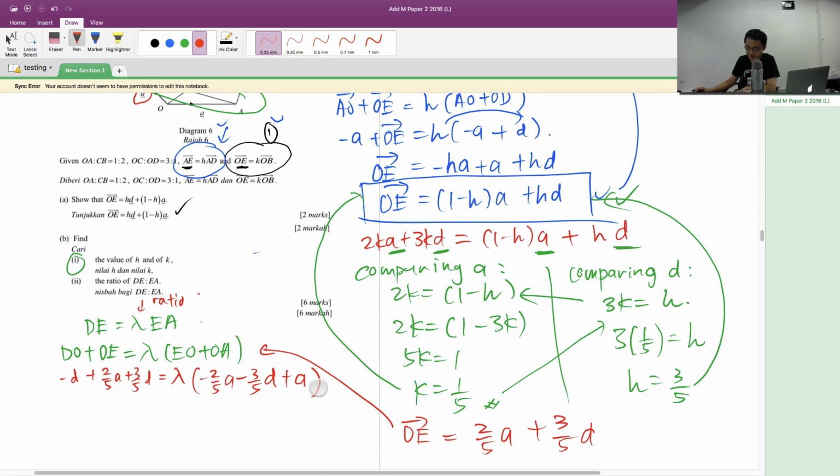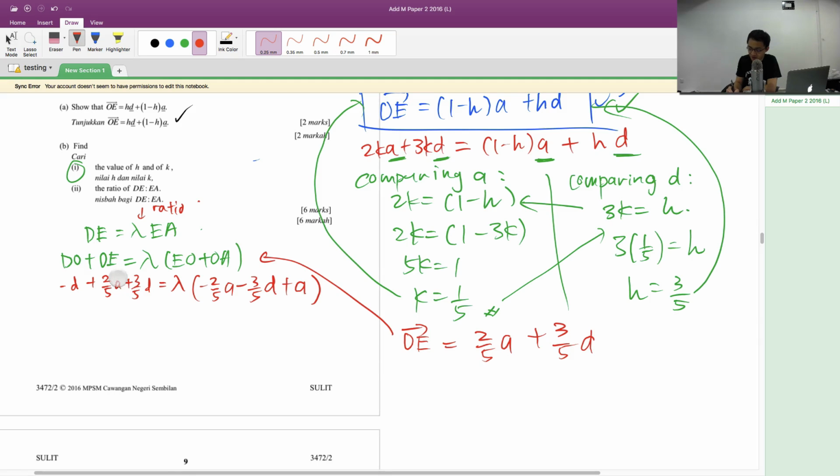Alright, then after we substitute everything already, definitely we will solve. Negative d and 3 over 5d, we get negative 2 over 5d plus 2 over 5a. Okay, equals to lambda. Okay, this one if you solve, a minus this one, I get 3 over 5a minus 3 over 5d.